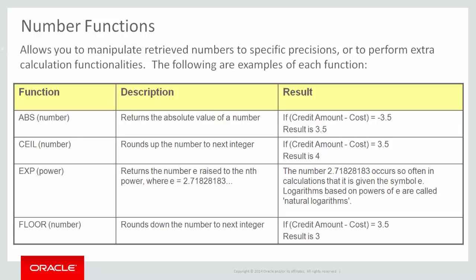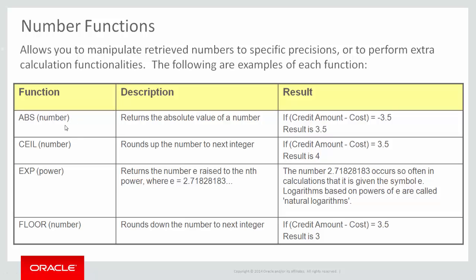Then we have numeric functions. Numeric functions allow us to manipulate the numbers to some level of specificity, or to perform some extra calculation functionality in order to transform that number based on whatever the calculation rules are. So looking at the examples here, the first one that we have listed is absolute value.